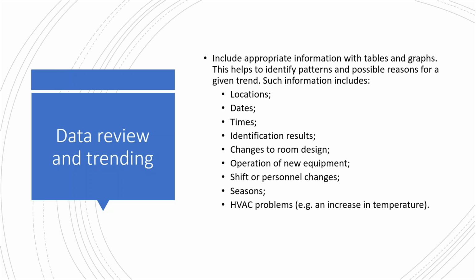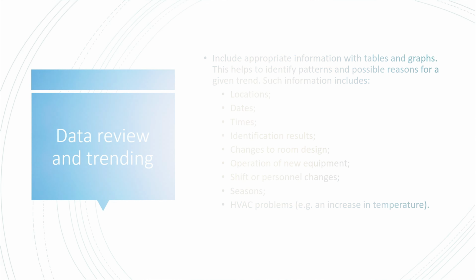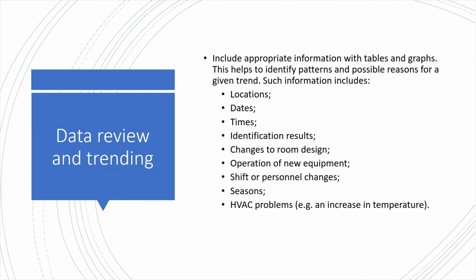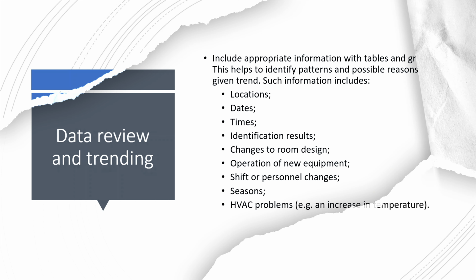And it's handy to have as much information as possible so we can draw meaningful inferences from the data, such as sample location, sampling times, sampling dates, if there's been any changes to design of activities, whether there's new equipment, whether we can measure shifts in personnel or other changes, whether there's a factor of seasonality, if the room temperature went too high, and so on. So these are all important considerations to bear in mind.